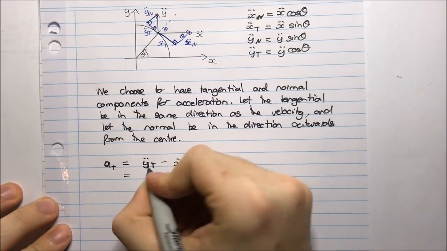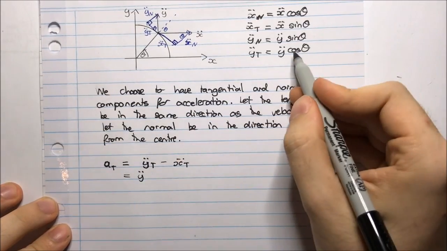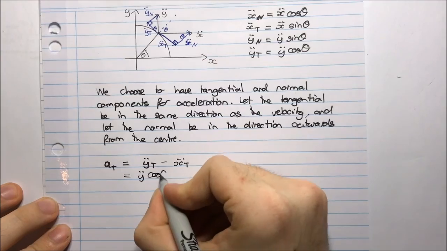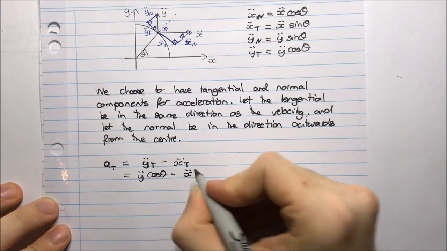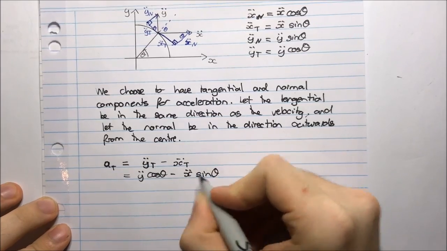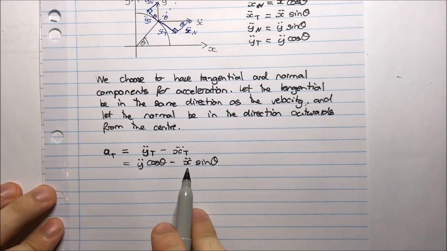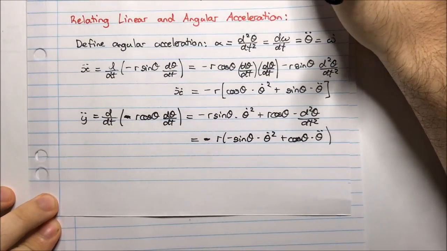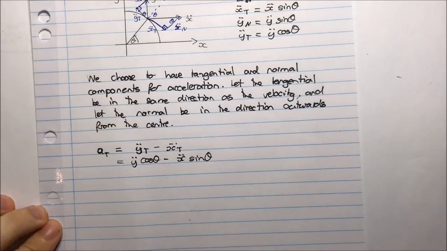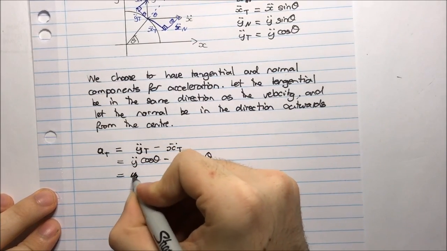So this is equal to what? Y double dot cos theta minus x double dot sine theta. And now I substitute in my y double dot and x double dot, which I have worked out here. So subbing these in, it will get a little bit messy. Now I'm subbing in for y double dot.